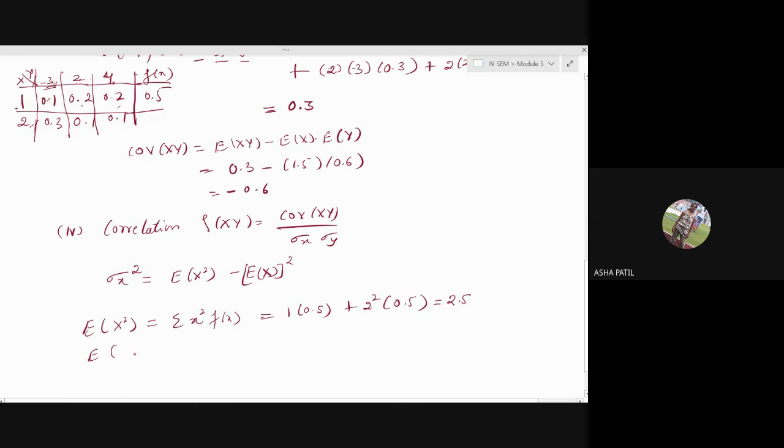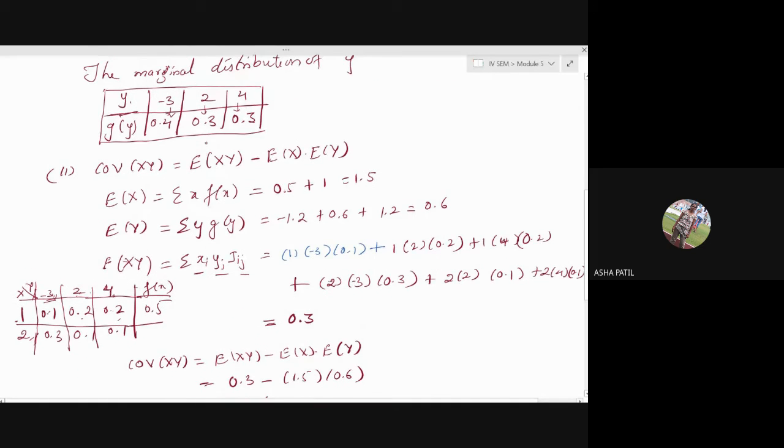Expectation of y, you calculate that also. For sigma y square, we need expectation of y square minus expectation of y whole square. So let us calculate that also. Expectation of y square is the summation of y square into g of y, the corresponding g of y.